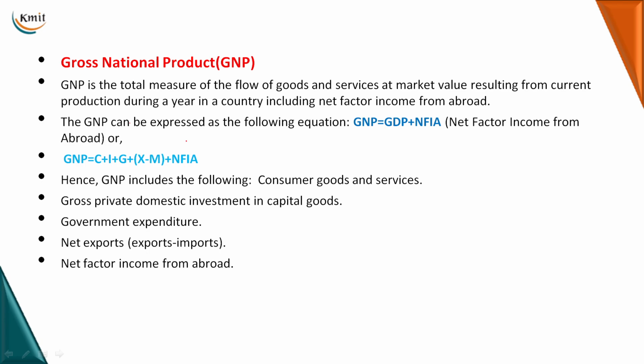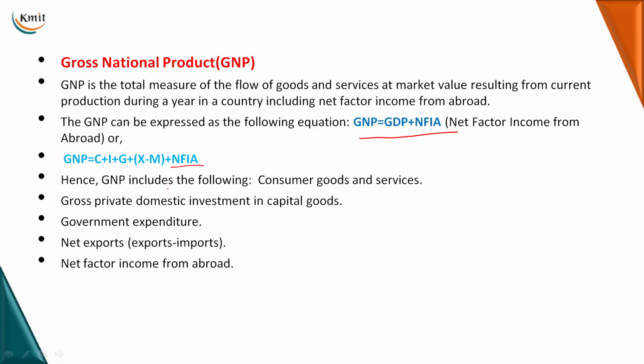So GNP can be expressed as the following equation: GNP is equal to GDP plus net factor income from abroad. Now in this calculation, we are going to consider the net factor income from abroad.